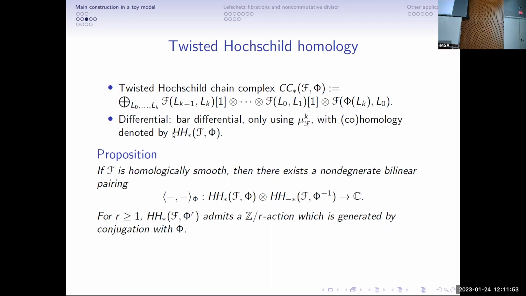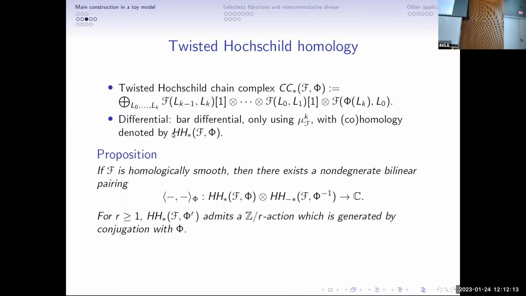The second part says that if you consider Hochschild homology coefficients given by phi to the power r, it actually admits a Z mod r action, which is generated by conjugation with phi. What I mean by that is, if we go back to the second line here, we have this chain complex.